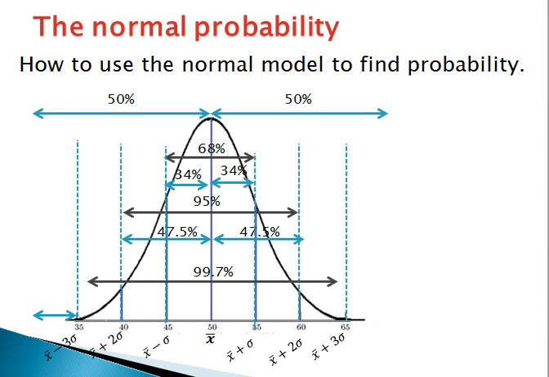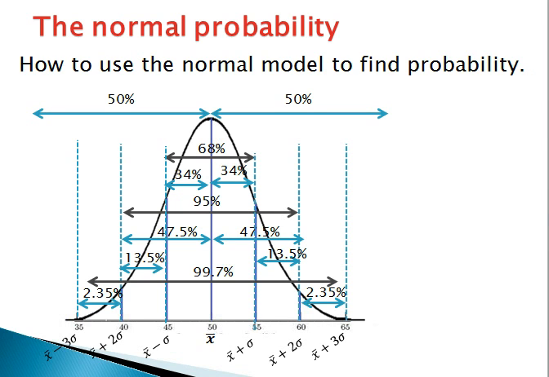If you think about the 34, that was between the mean and 1 standard deviation. There's only 13.5% in between mean plus 1 standard deviation and mean plus 2 standard deviations. So in between those, it's 13.5. And you don't have to remember all these numbers. If you know 68, 95, 99.7, you can figure it out along the way.